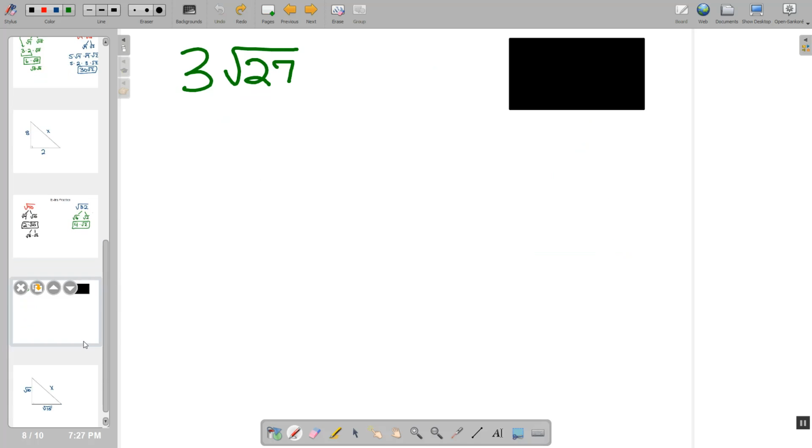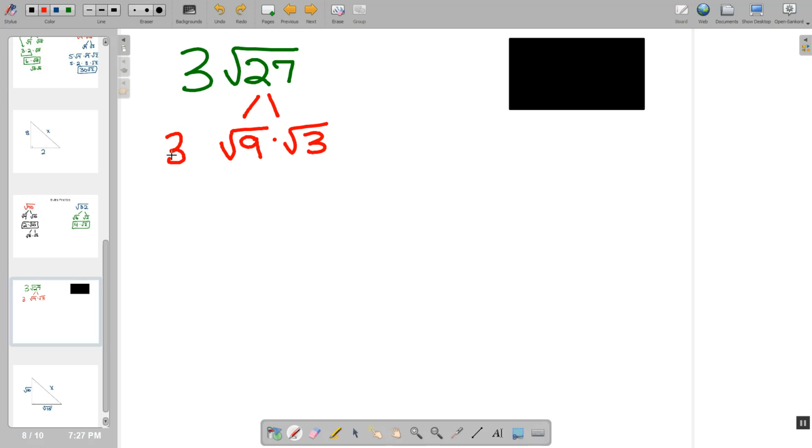As we get to harder problems here, once again, we have to simplify the square root, but we also have a number that's sitting out front as well. So this has the largest possible perfect square as 9. 9 times 3 is equal to 27. So the square root of 9 times the square root of 3 is equal to the square root of 27.